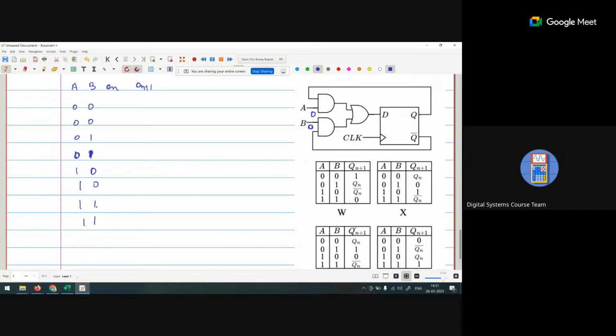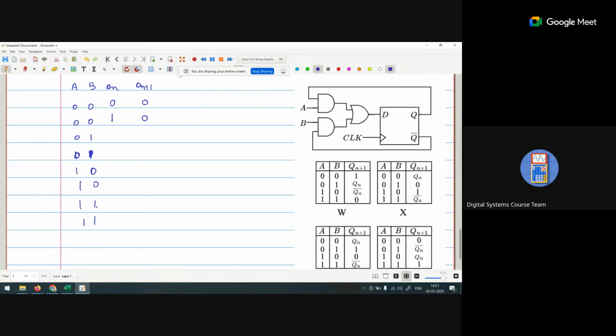So it doesn't matter whether Q is 0 or Q is 1, we are always getting a 0 0. If both are 0 0, we can say that this is 0. If B is 0, we are getting Q is 0, Qn plus 1 is 0. So whether Qn is 0 or Qn is 1, no issue.